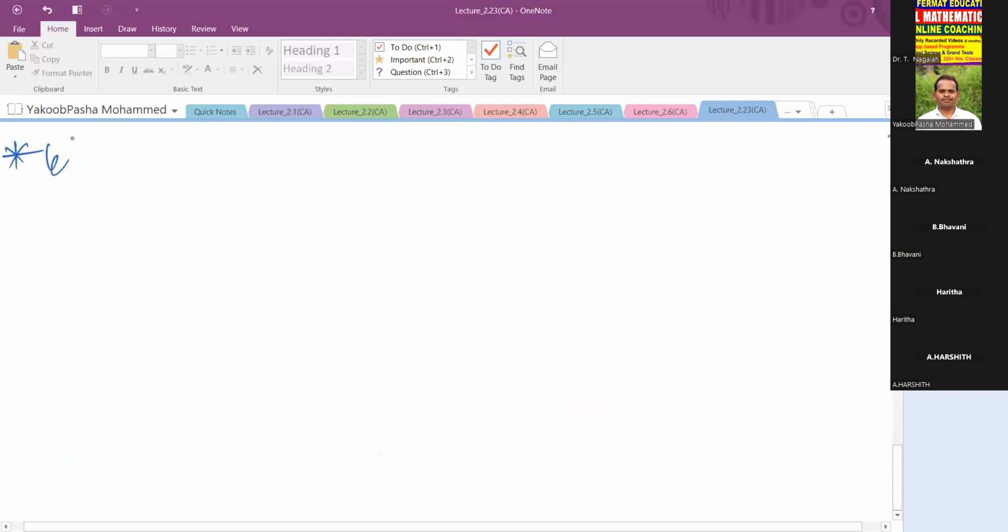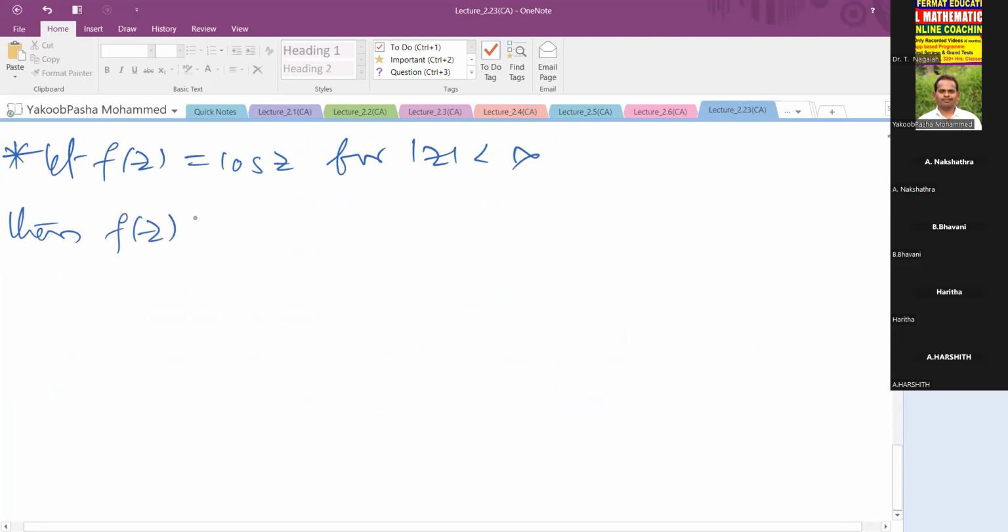Now similarly we can write the expansion of cos z. First I am taking f of z is equal to cos z for modulus of z less than infinity. Then f of z, cos z is an even function. That's why we can write f of z is equal to first term 1 minus z square by 2 factorial plus z power 4 by 4 factorial minus z power 6 by 6 factorial plus and so on.